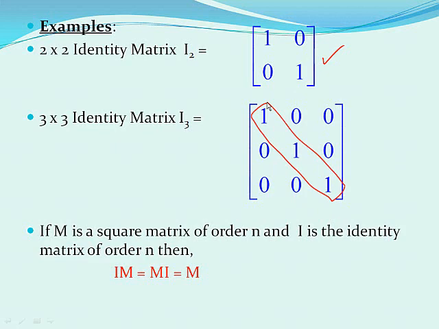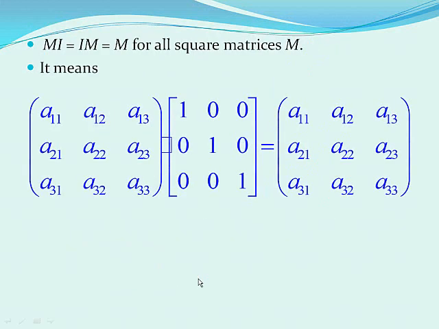If M is a square matrix of order n and I is the identity matrix of the same order, then I multiplied with M and M multiplied with I both are equal to M. In symbols, if we have a 3 by 3 matrix and we multiply it with a 3 by 3 identity matrix, we will get the same matrix back.